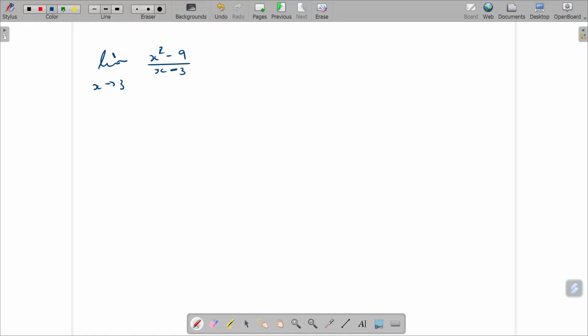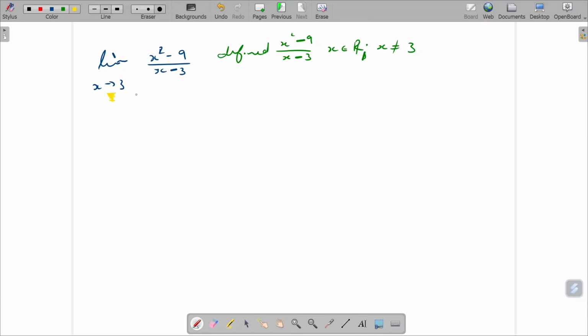What you may notice is that this thing is defined for all real x values except one. x may not equal 3. This is kind of cool because I've not said that x equals 3. I've said that x tends towards 3. x is going to get very close to 3 without ever being 3.